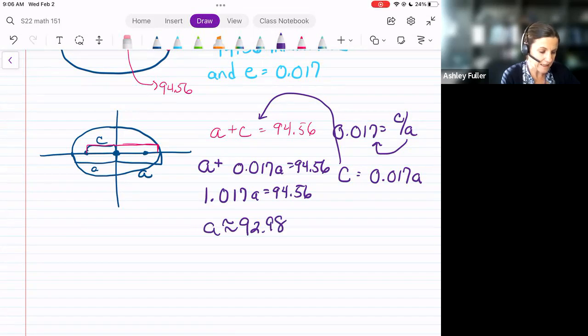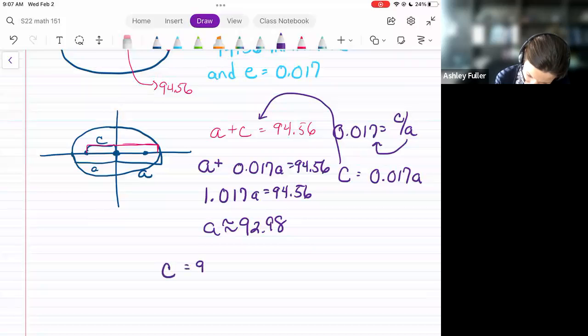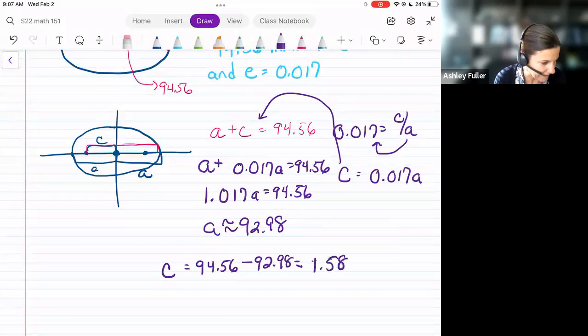Now that we have that 92.98, pictorially, what we can do is calculate c to be this 94.56 minus 92.98, which gives us a c value of about 1.58.